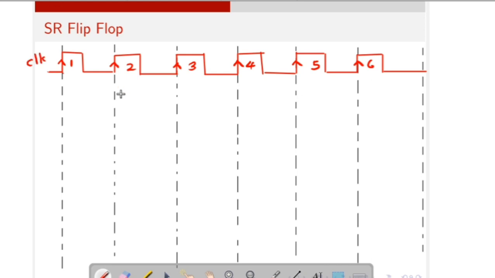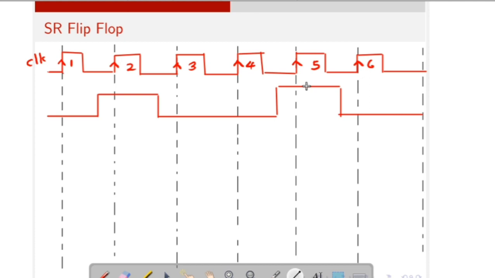Next we can draw the inputs S and R. Okay, so initially S is equal to 0, at some point S is equal to 1, then again S is equal to 0 for some duration. Okay, then again it becomes 1, then again it is 0. So this is the S. Then R is, first R is equal to 1 for some time.